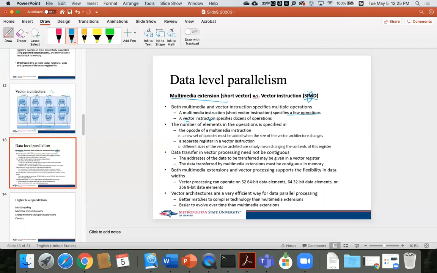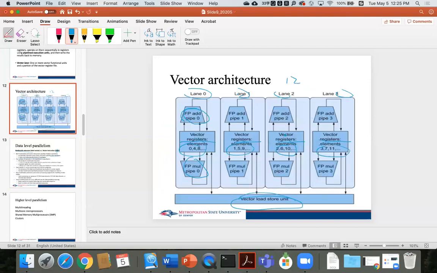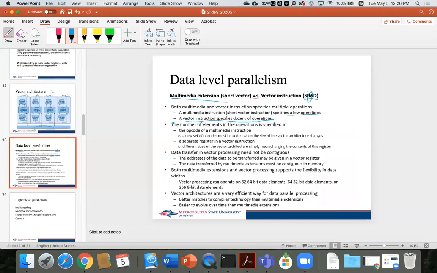But the vector instructions specify a lot of different operations, because you have a lot of freedom and flexibility to perform whatever you want, so it's much more complex. The vector machine can perform a lot of different operations, and the multimedia extension is only a few different things added to your original instruction set, so you could use your existing hardware to perform a calculation just a little bit differently from the original usage.